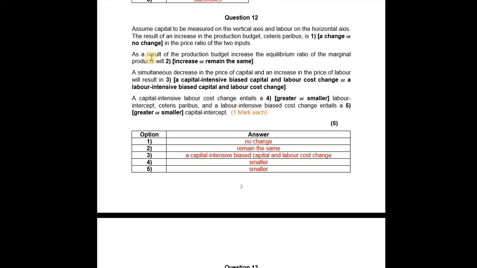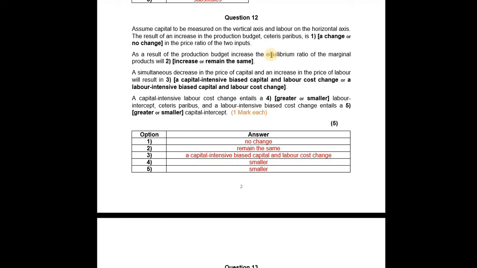And then it says as a result of the production budget increase, the equilibrium ratio of marginal product will increase or remain the same. Since we said an increase in the production budget will have no change in the price ratio, therefore there won't be any changes also in the equilibrium ratio.